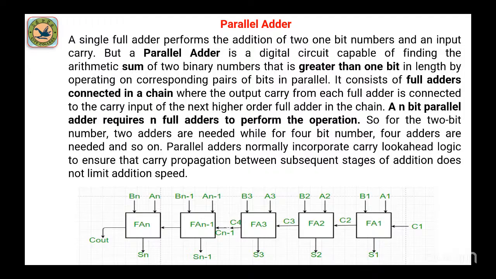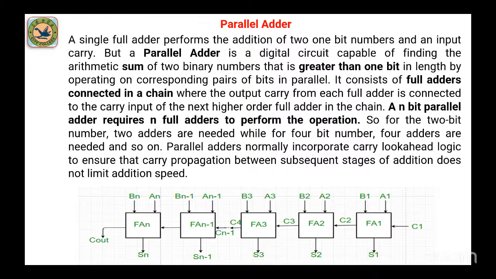The output carry of each full adder is connected to the carry input of the next higher order full adder in the chain. So an n-bit parallel adder requires n full adders to perform these operations.